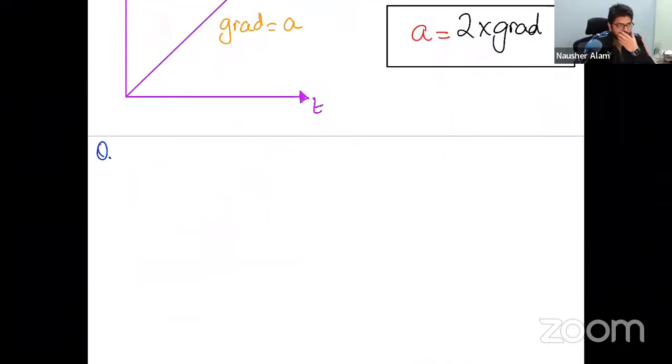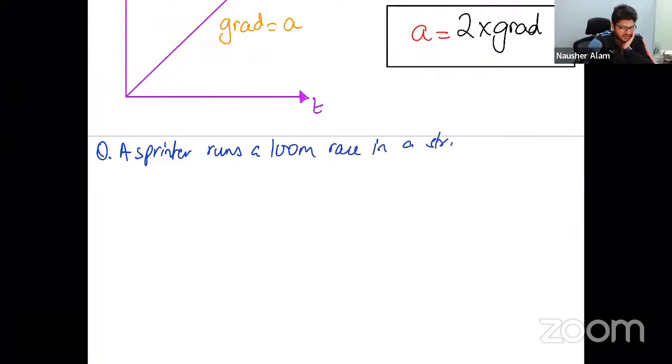A sprinter runs a 100-meter race in a straight line.